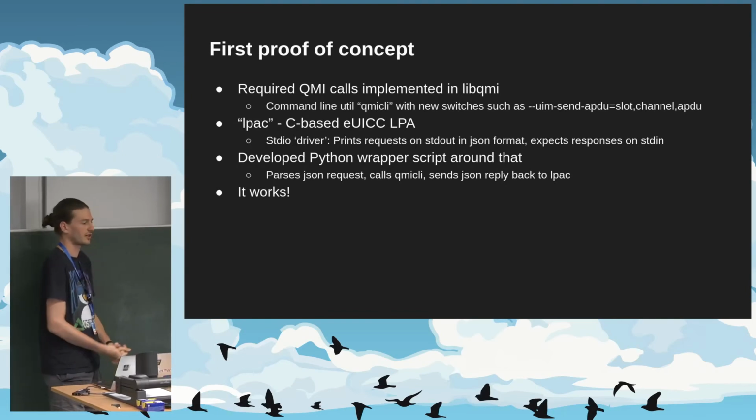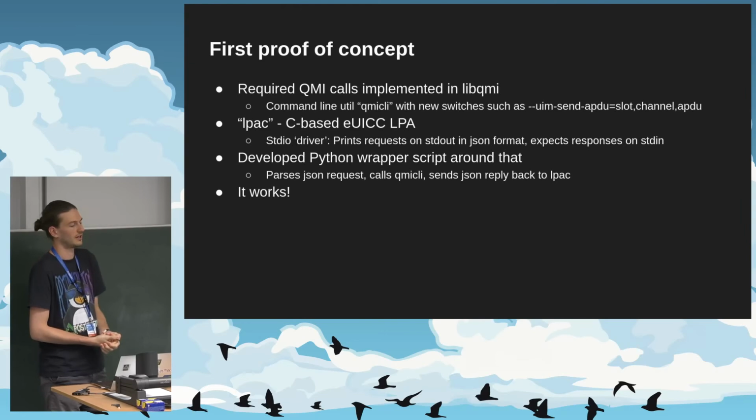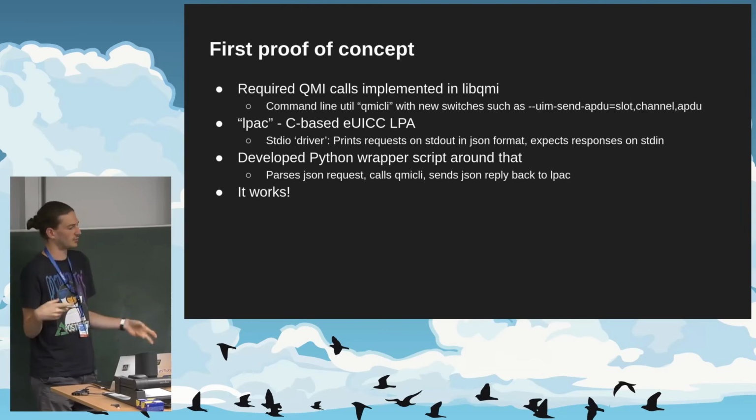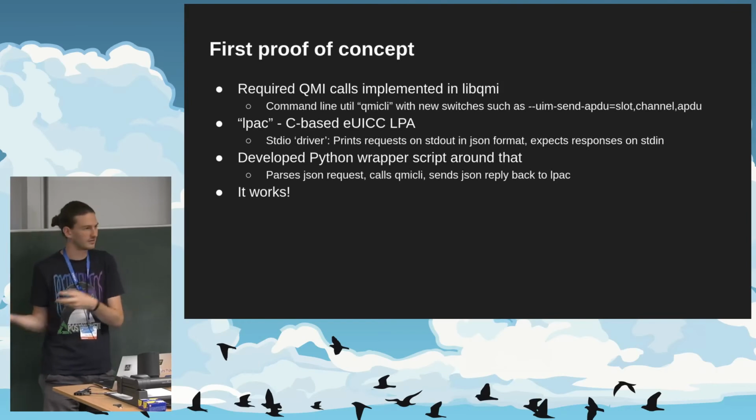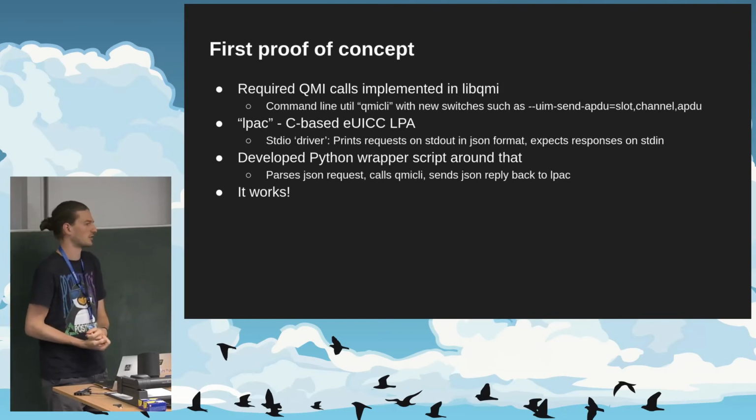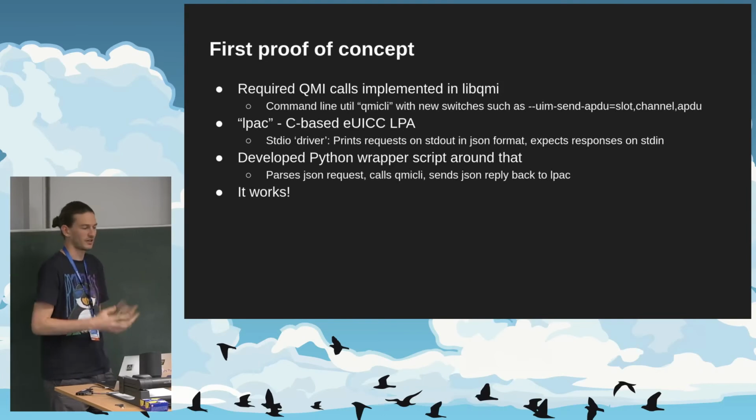And fortunately, this LPSC project has a STDIO backend, which just prints the request that it wants to send to the modem in JSON format to STDOUT, and expects the responses back in JSON format on STDIN. This was really useful for trying it out the first time, because I had no clue if this was actually going to work.